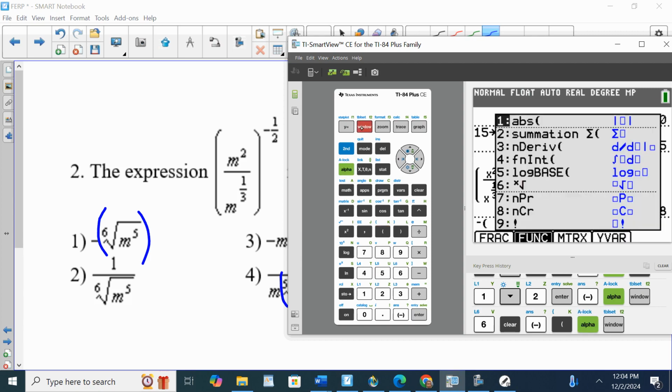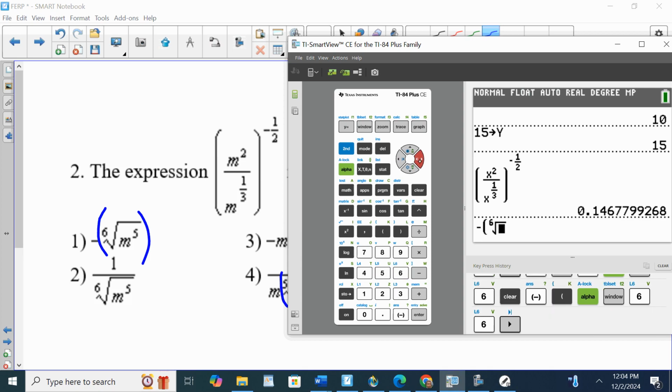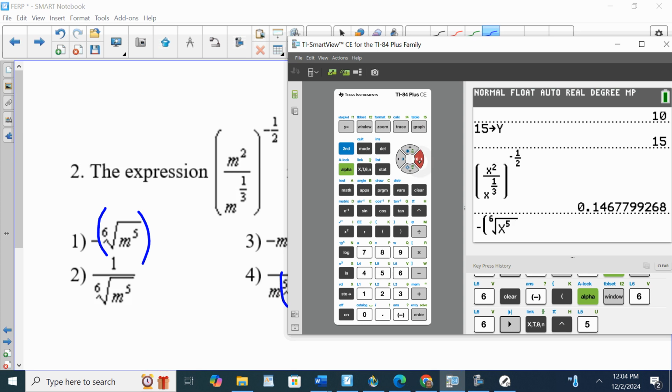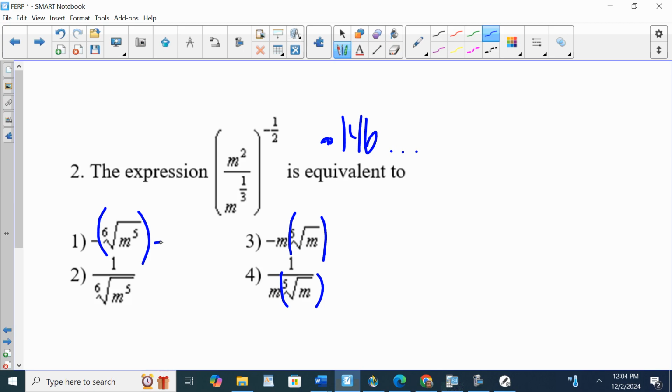Now, when I go alpha Windows 6, I can just input that 6 in there, x to the power of 5. Oops, I keep on getting on the wrong spot. I get negative 6.81. That is not the same thing as 0.146, so that can't be it.